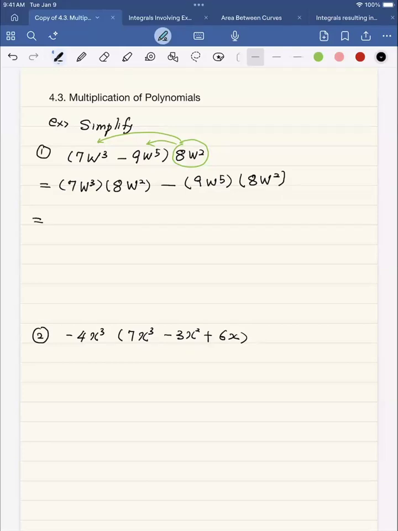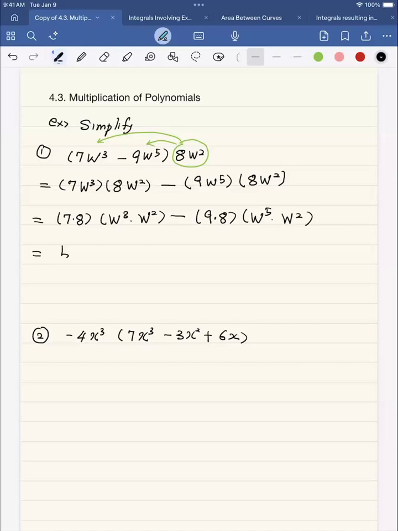We want to combine numbers together, 7 times 8, and characters together. So w cubed times w squared, minus 9 times 8 times w to the fifth power times w squared.